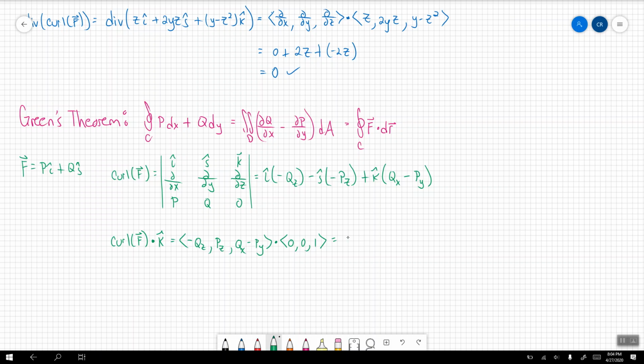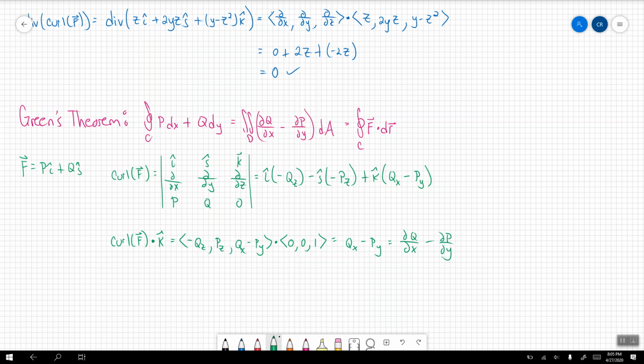What that does is it just gives me this piece here. In other words, it gives me what I'm looking for, the partial derivative of q with respect to x minus the partial of p with respect to y. It gives me that individual component for the integrand in Green's theorem.